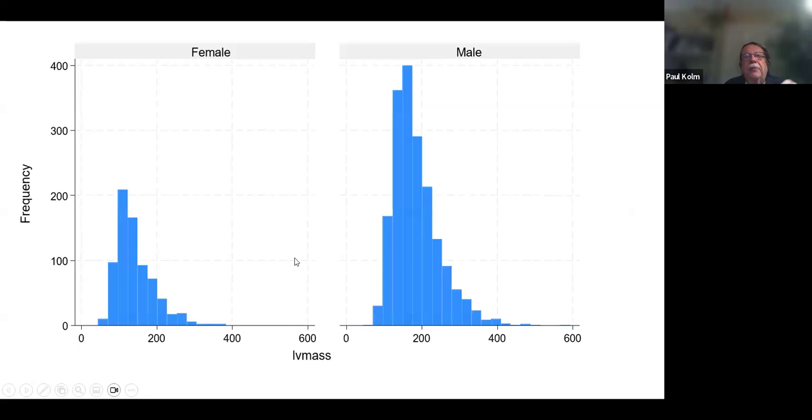Okay, and so if we look at the distributions between males and females of left ventricular mass, then we see that they're pretty much the same. Obviously, there's more males in this example than females, but the distribution is pretty much the same, and we have less extreme values, or the extreme values are smaller than they were for BNP.